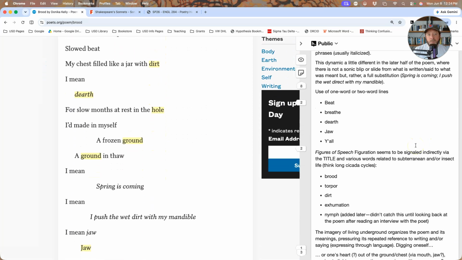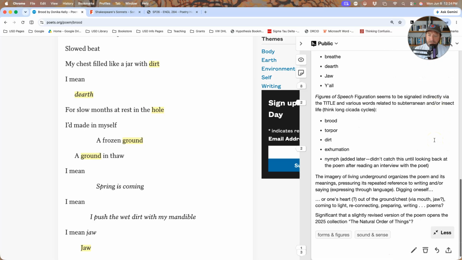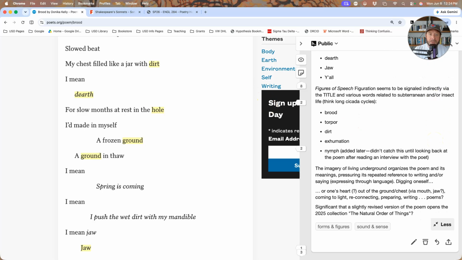All right. When it comes to figures of speech, the figures of speech I usually have in mind when I get to taking notes about this portion of the poem, or the kind of descriptive notes that I try to take, are usually limited to things like metaphor and metonymy.